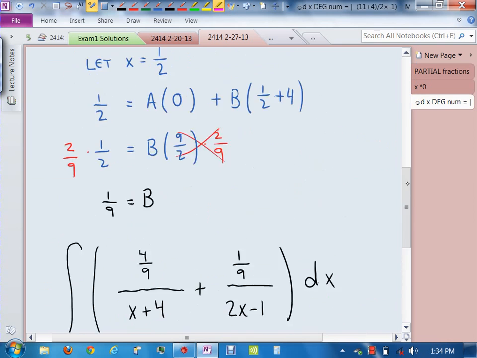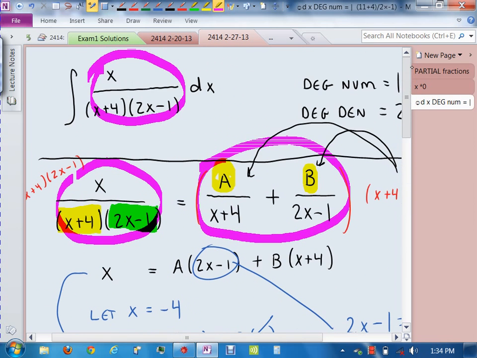Okay. So I don't think there's a super shortcut for this problem. That's pretty much it. I mean, maybe there's some manipulation we could do. Let's go to a different problem.